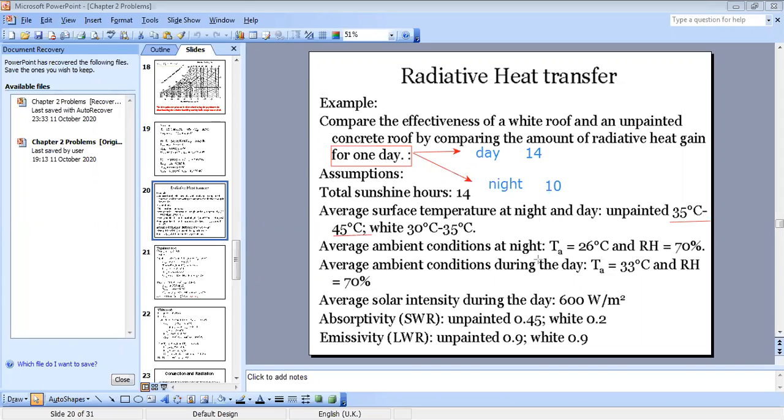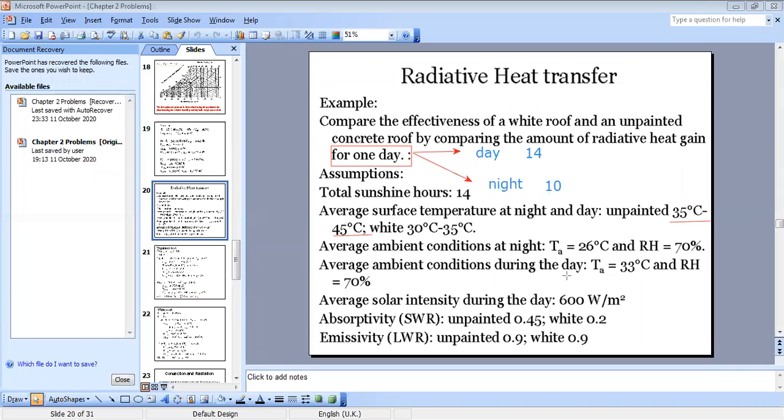They also gave us the average ambient condition at night and during the day, because we will use the previous empirical relations. So we need to find the dew point. This is why they gave us the ambient condition during the day and during the night.